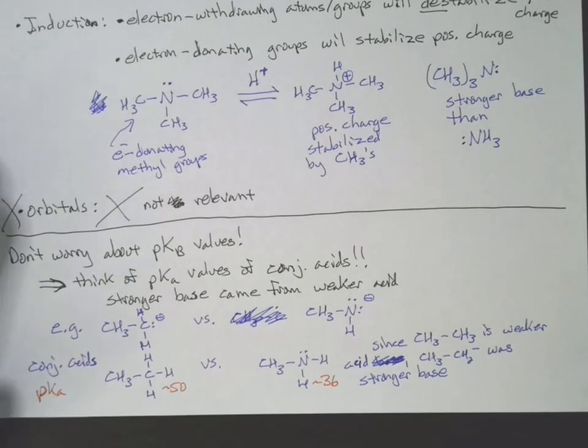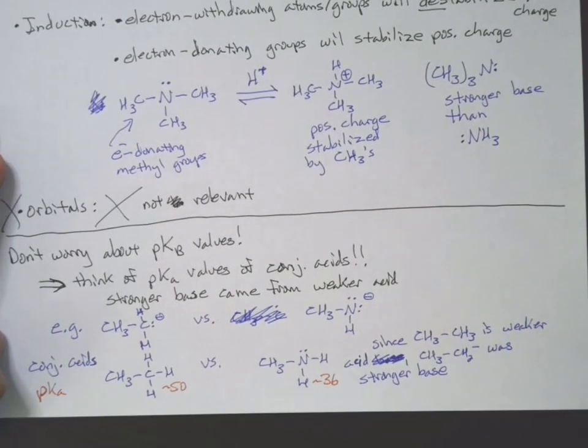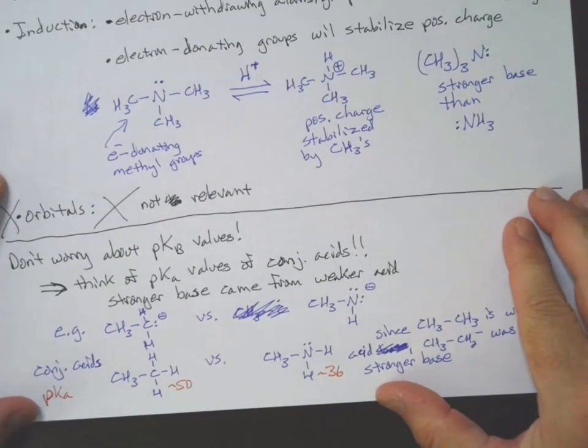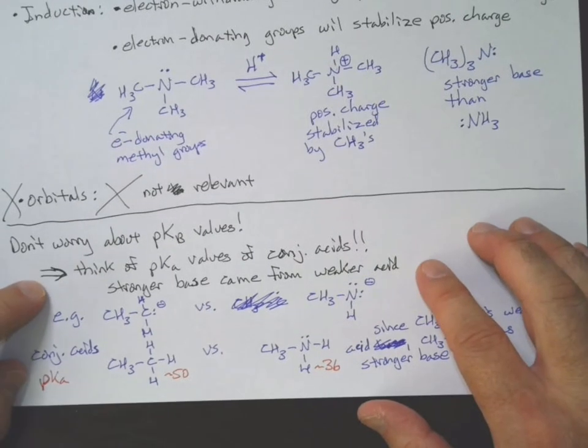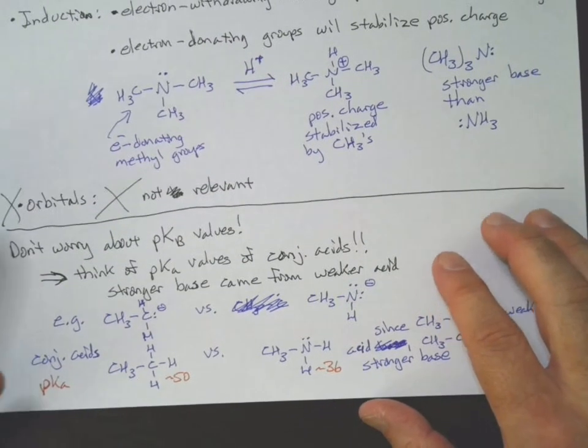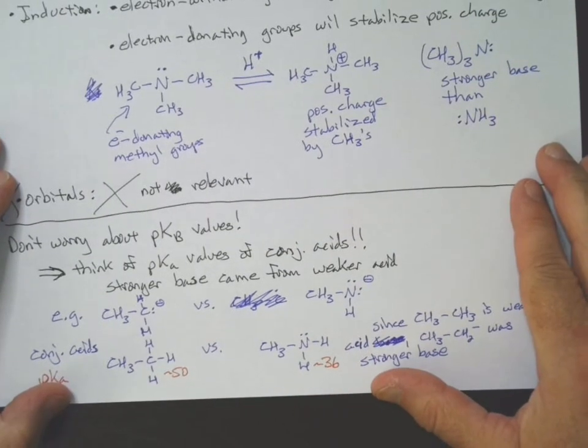Anyway, practice, because it does take a little while to keep things straight in your head. We spent a lot more time looking at acid strength and not so much base strength. But this is a pretty good way if you want something sort of quantitative, so you're not just thinking about the qualitative structural effects.